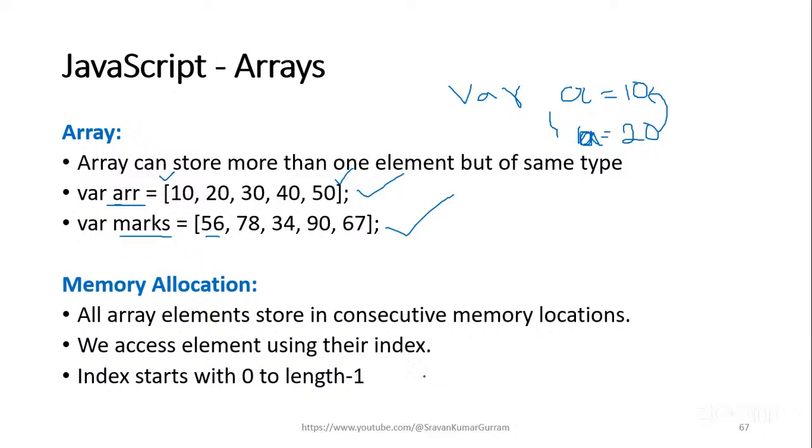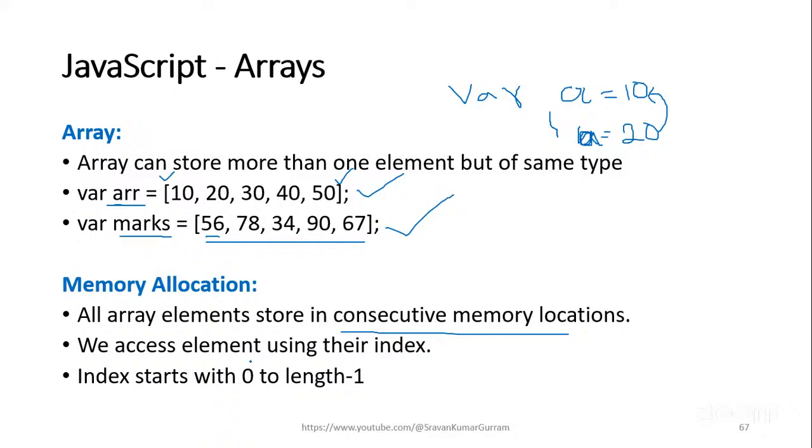Now coming to memory allocation, how memory will be allocated to the elements of the array. All the elements are stored in memory in a consecutive, sequential manner. First element, then second element, then third element, and so on. In whichever order you store the elements in the array, in the same order the elements are stored in memory. The next point is how to access those elements.